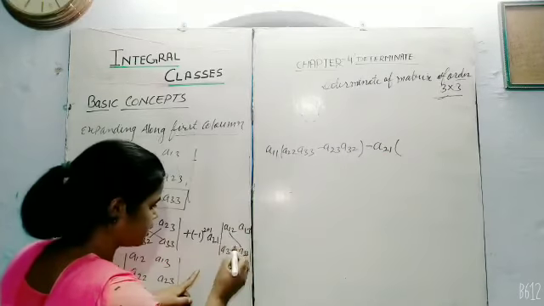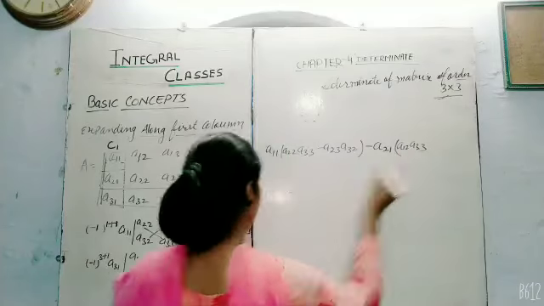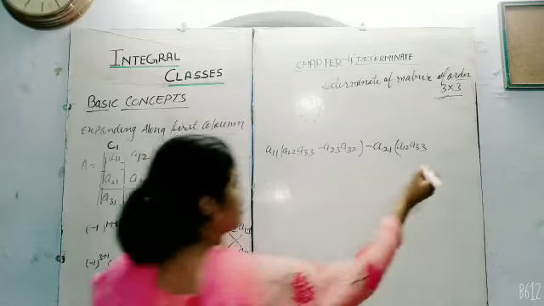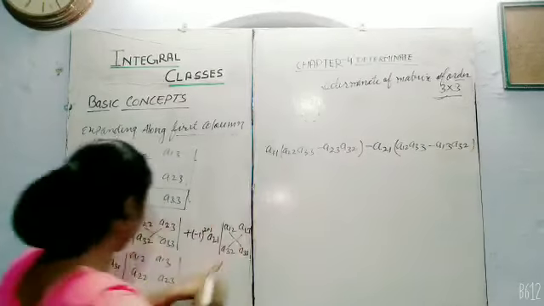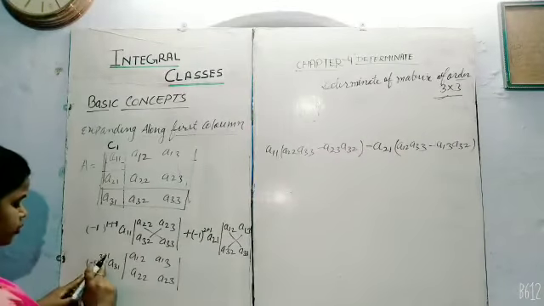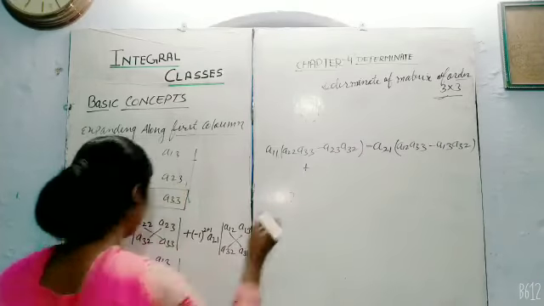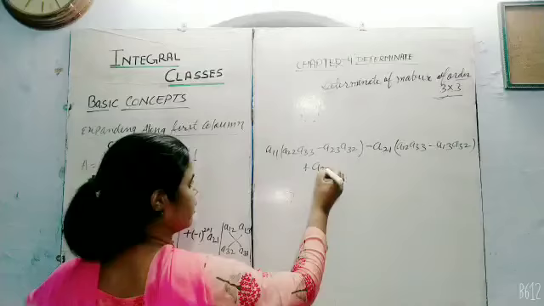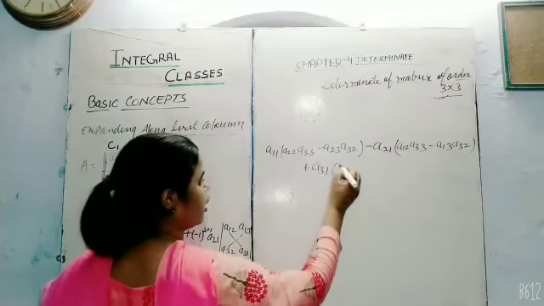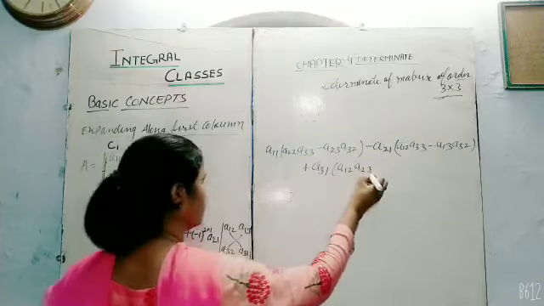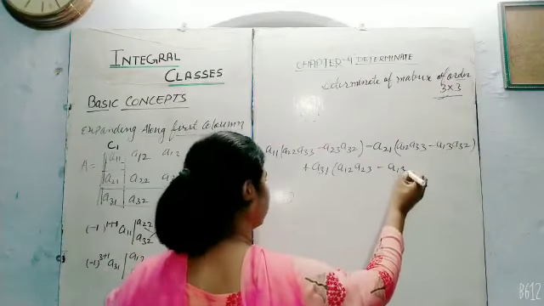Here is A12 into A33 minus A13 A32. Okay, now next, minus 1 exponent 3 plus 1, 4, it will become positive, A31, then multiply A12 A23 minus A13 A22.